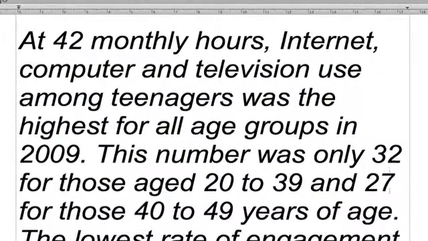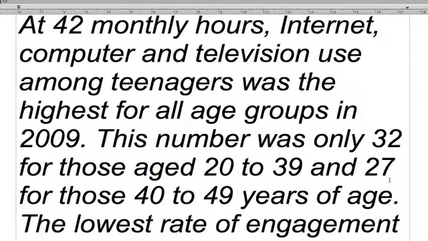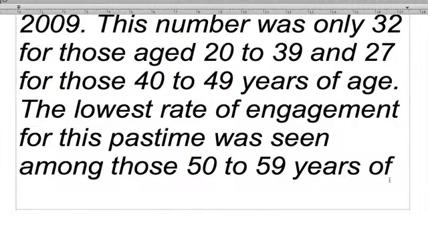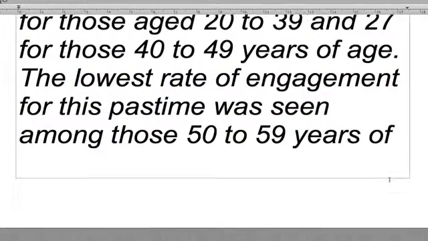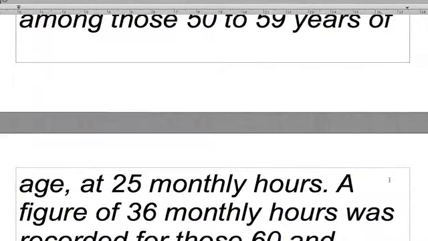At 42 monthly hours, internet, computer, and television use among teenagers was the highest for all age groups in 2009. This number was only 32 for those aged 20 to 39 and 27 for those 40 to 49 years of age. The lowest rate of engagement for this pastime was seen among those 50 to 59 years of age at 25 monthly hours.